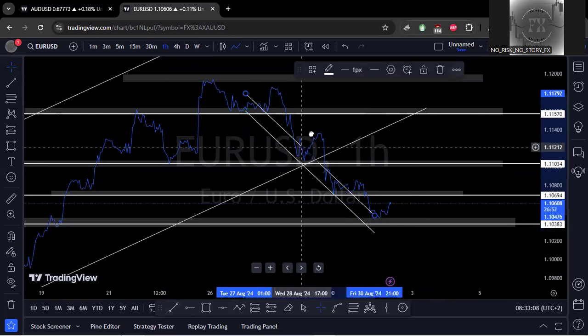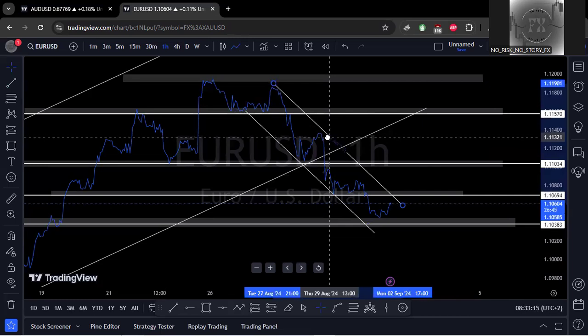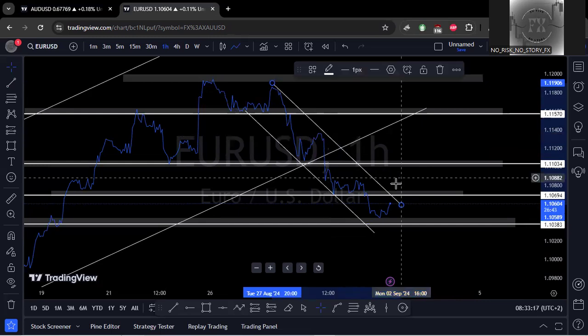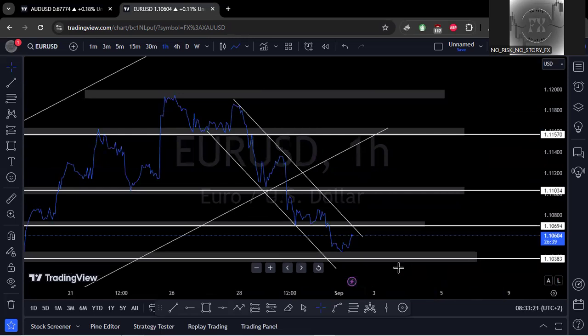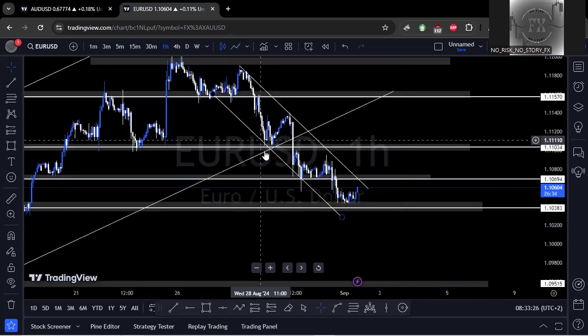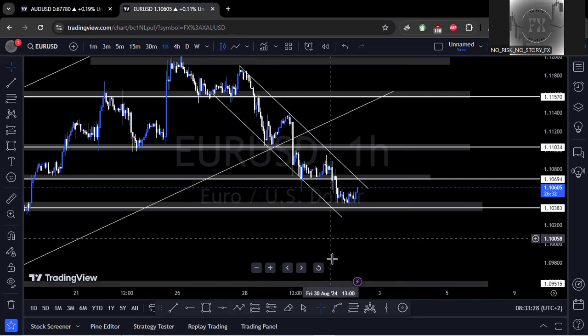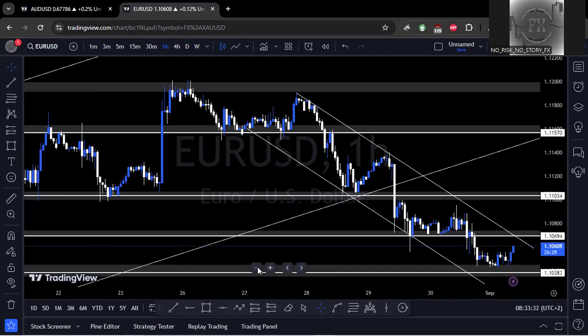What to look for in a bearish trend is selling opportunities. Nothing more, nothing less. Although we can have those buying opportunities, selling opportunities are the most likely to happen.